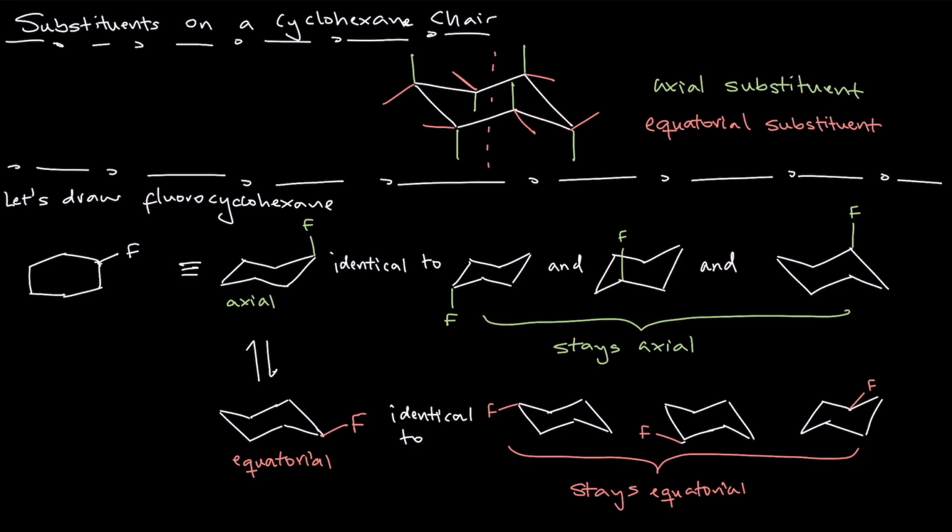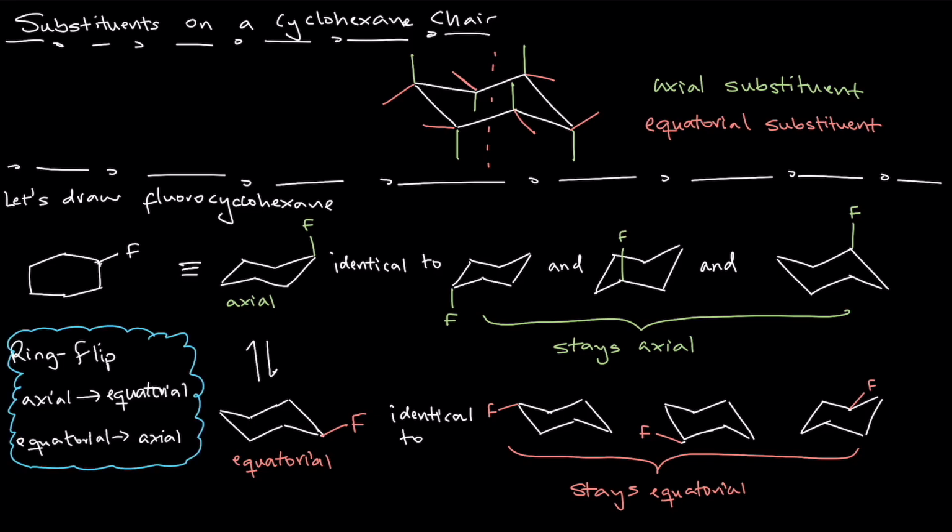Okay? So the moral of the story is, whenever you do a cyclohexane ring flip, all substituents in the axial position will always move to the equatorial position, and all substituents in the equatorial position will move to the axial position.